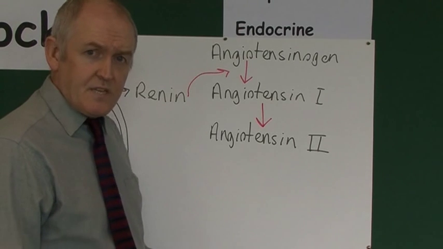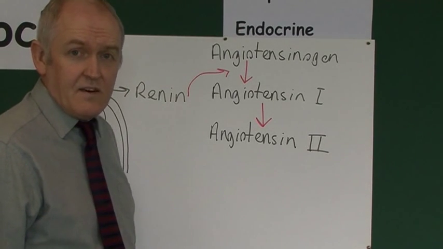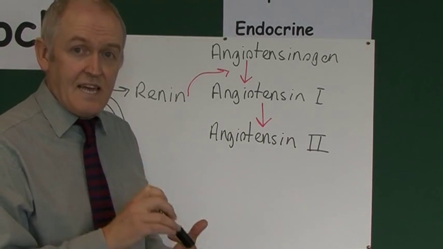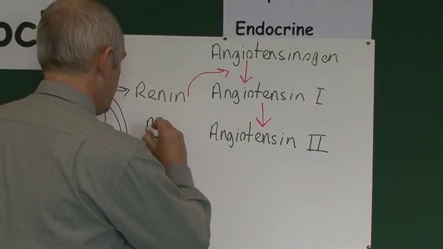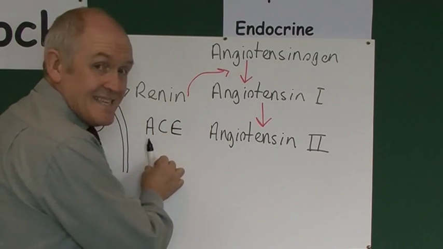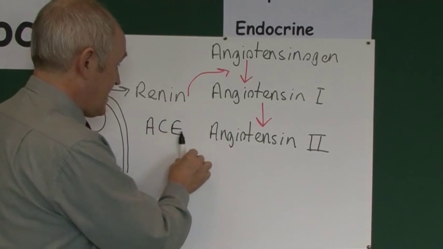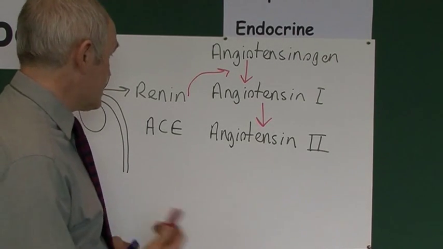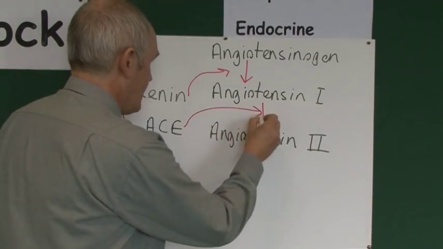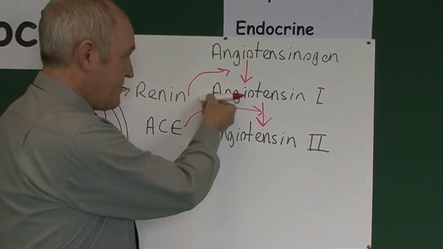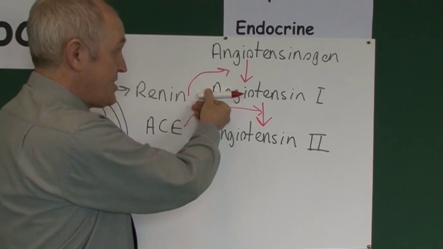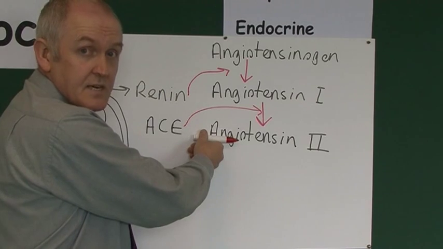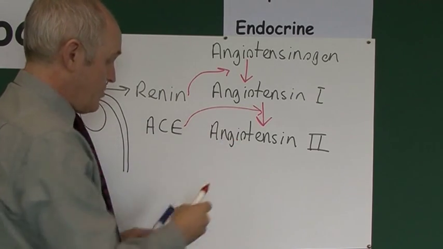And the reason this happens is that in the lungs there is an enzyme called angiotensin converting enzyme, ACE. What the angiotensin converting enzyme actually does is it cuts 2 amino acids off the 10 amino acid unit, which is angiotensin type 1, and converts it into an 8 amino acid unit, which is angiotensin type 2.